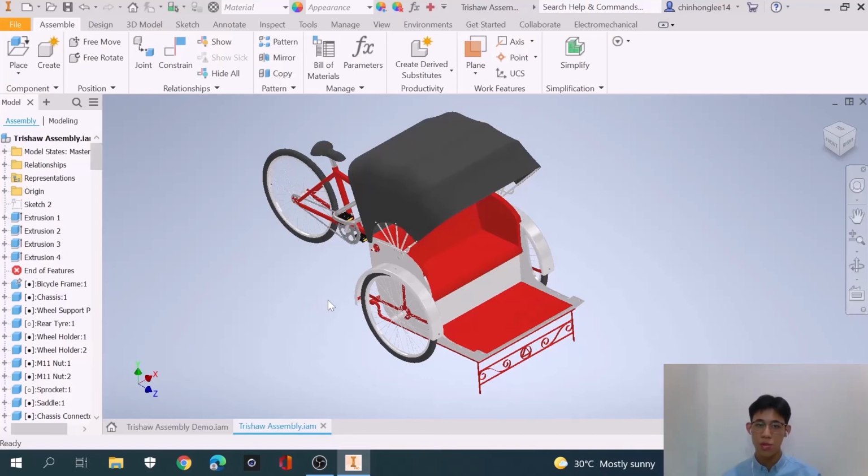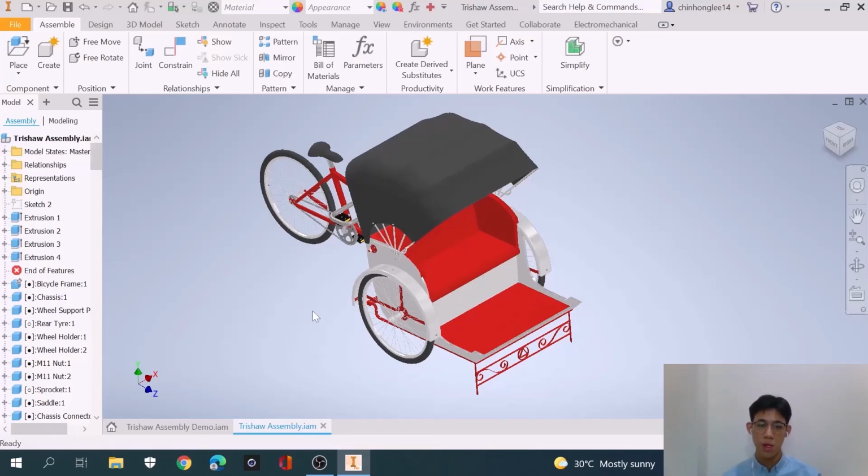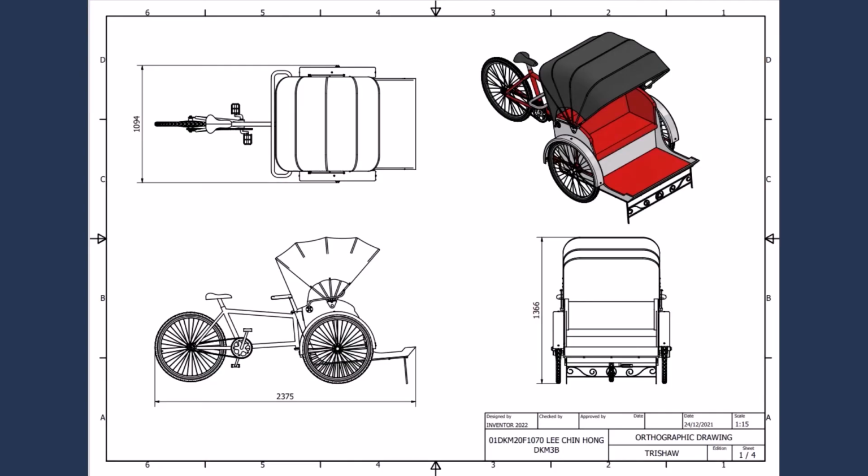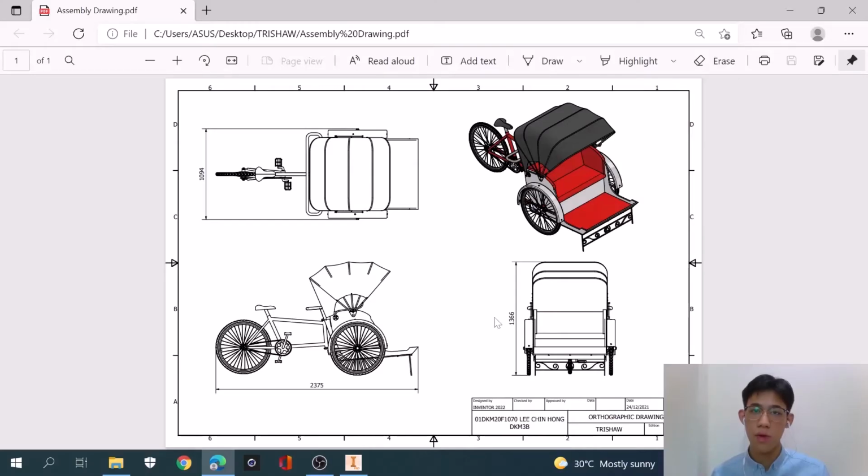Now I would like to show the isometric drawing for this assembly. Now for the overall dimension, my trishaw is roughly 2.3 meters in length, 1 meter wide, and 1.3 meters in height.